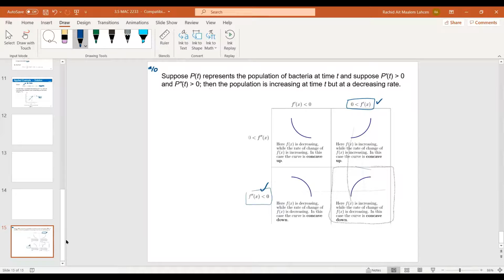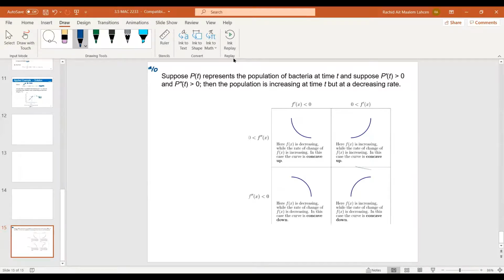Then the population is increasing at a time t, but at a decreasing rate. So is this true or false? So let's clean this up and mark it down.